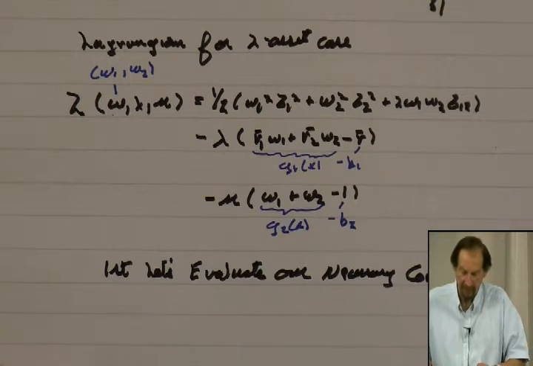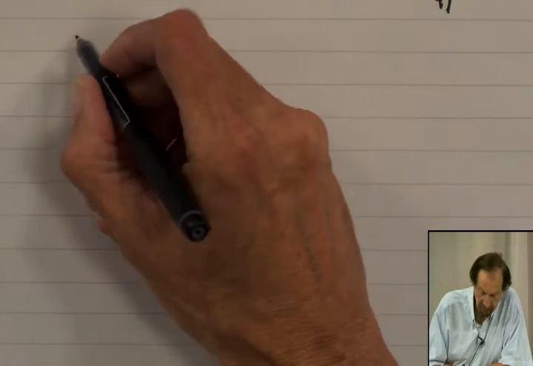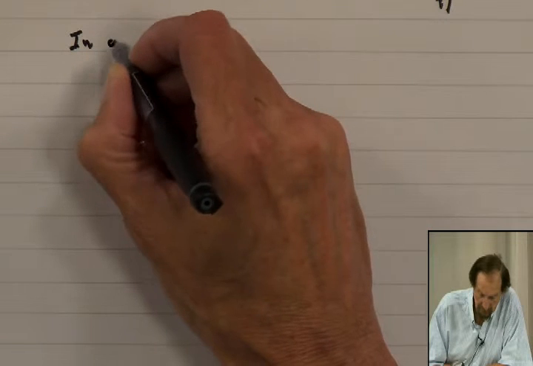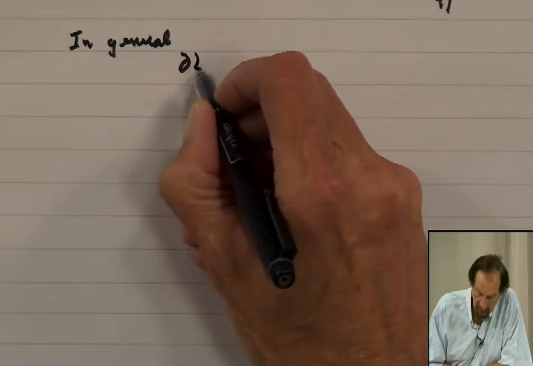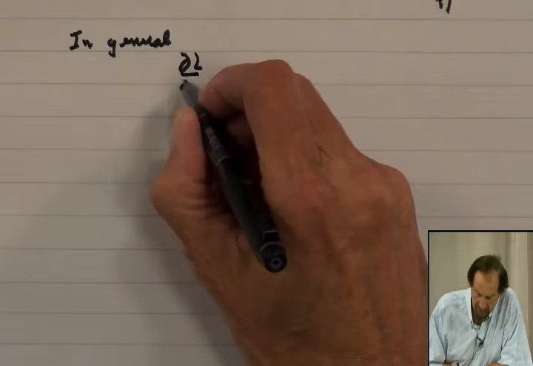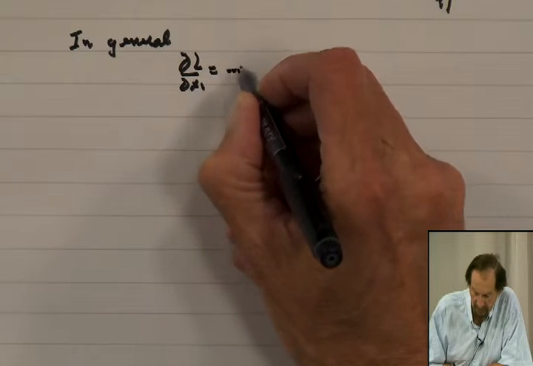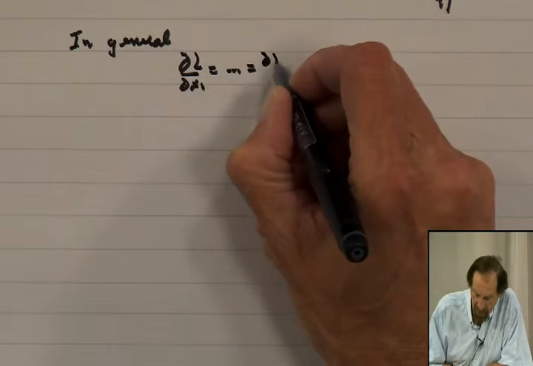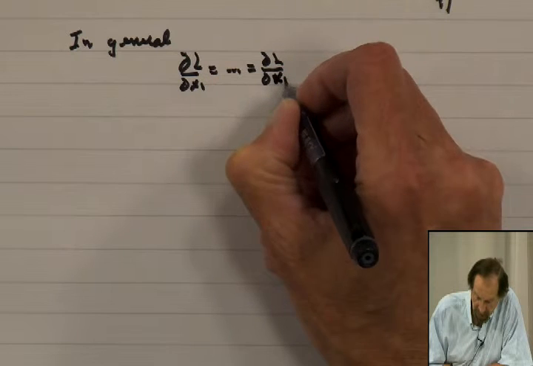Remember, our necessary conditions are that, in general, the partial of the Lagrangian with respect to the first decision variable equals ... equals the partial of the Lagrangian with respect to the nth decision variable.